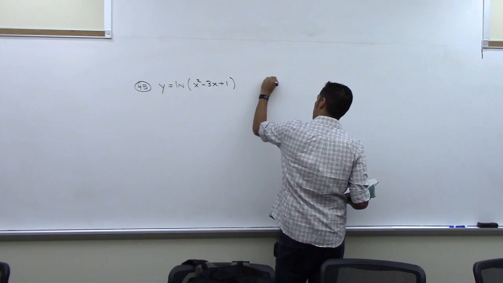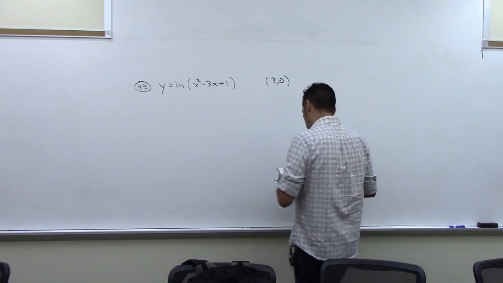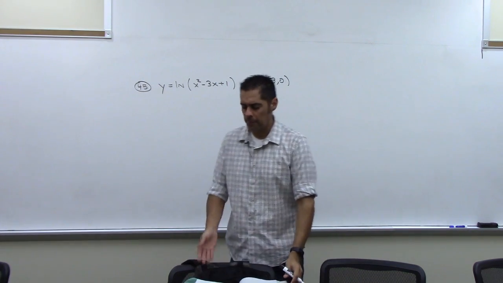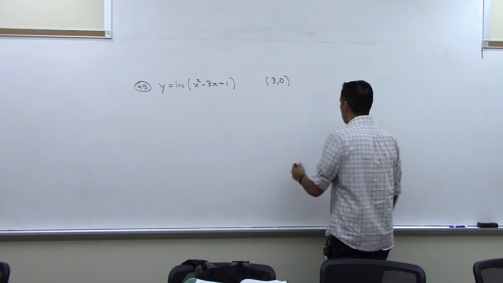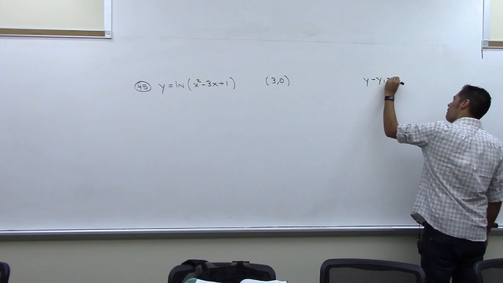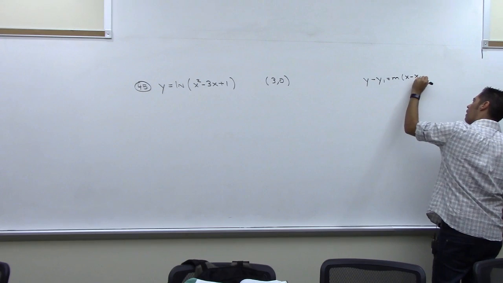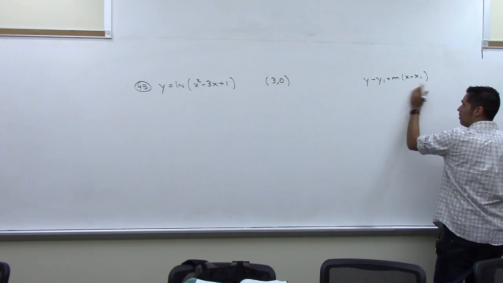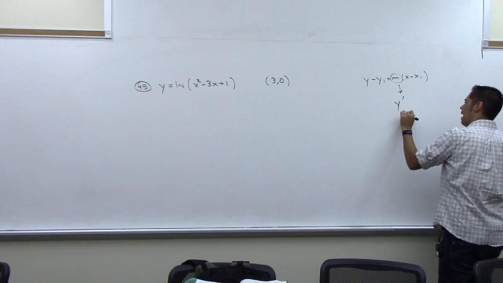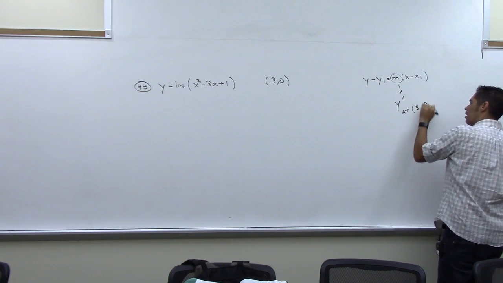And they give you a point here, 3, 0. And you're asked to find the equation of the tangent line to this curve at the given point. All right, so what we need, of course, to find the equation of the tangent line is we're going to use this. We already know y1 and x1. We just need to find the slope. The slope comes from getting the derivative at that point 3, 0.